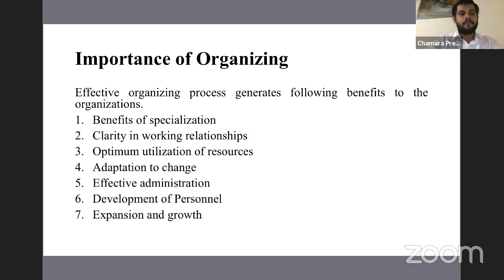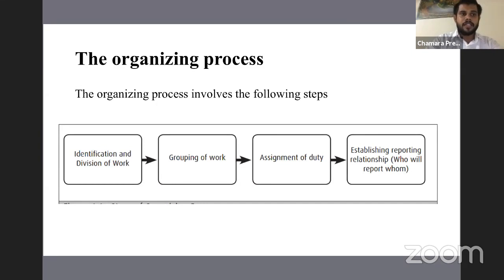And also optimum utilization of resources. When we have a proper structure, we can utilize resources. When we are identifying and dividing work, we assign it according to people's skills, talents and capabilities, right?